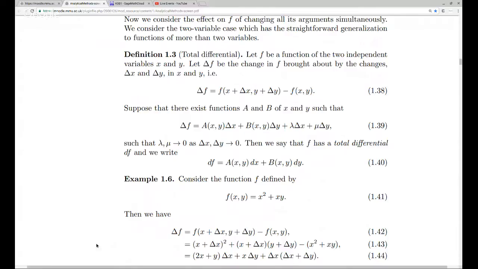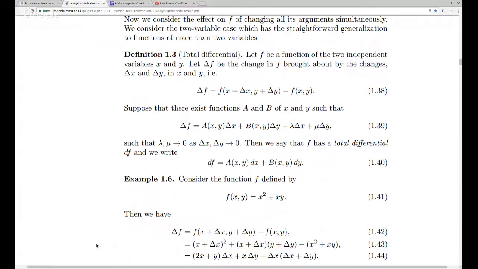So what we're seeing here in equation 1.39 is delta f, the change in value of f, being expressed as some function times delta x plus another function times delta y. And these two functions, A and B, are both functions of the two variables x and y, perhaps. These are the main parts of this expression. These other two parts, this lambda delta x and mu delta y, are small correction terms or small error terms.